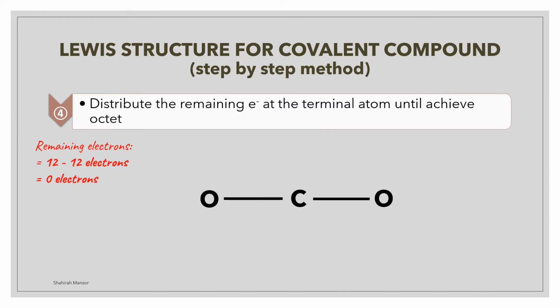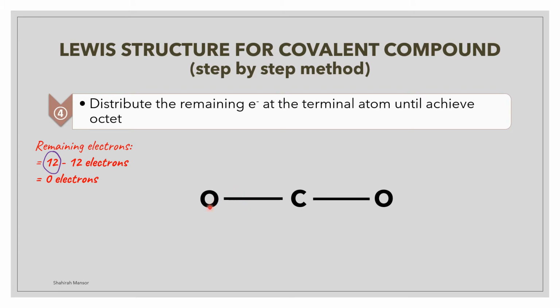In step 4, distribute the remaining electrons at the terminal atom until all terminal atoms achieve octet. So from the previous calculation, kita ada sebanyak 12 remaining electrons. So for this oxygen, sudah pun mempunyai 2 elektron. So 2 nak mencapai octet, that is 8. So this oxygen needs another 6 elektron.